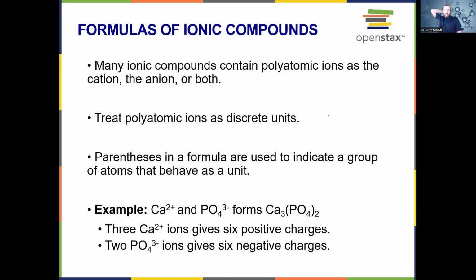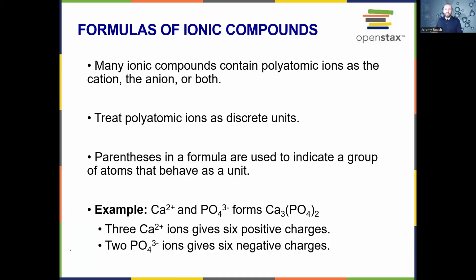Many ionic compounds contain polyatomic ions. When we're writing formulas for these ions, we treat the entire polyatomic ion as one unit. We use parentheses when more than one of that group is needed. So if we have Ca2 plus and PO4 3 negative, we have to group these together in a certain way.